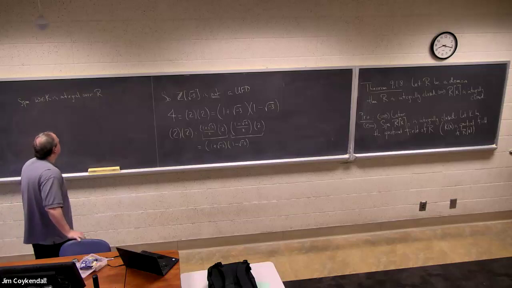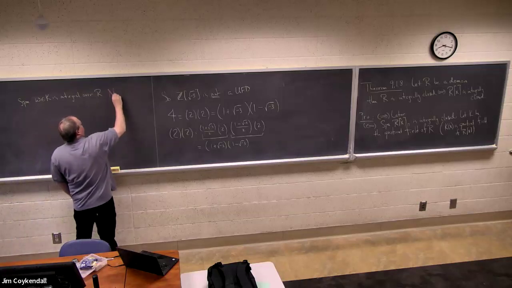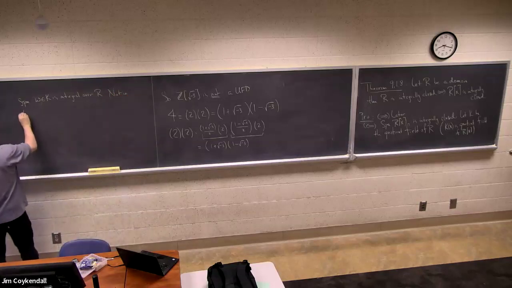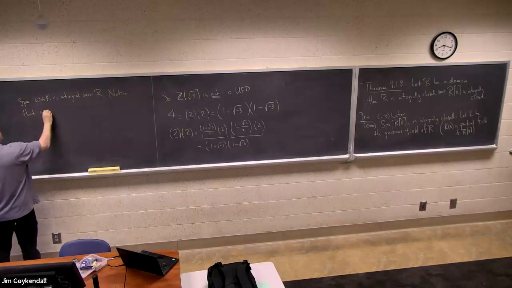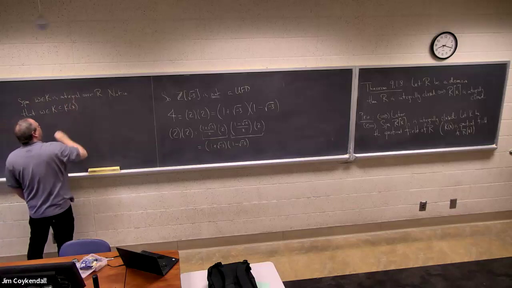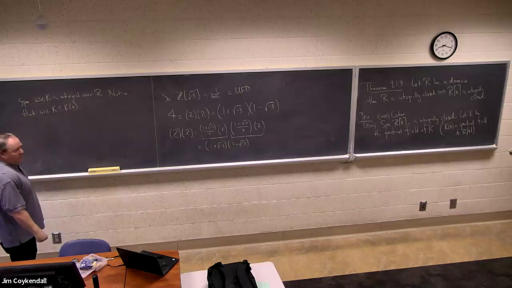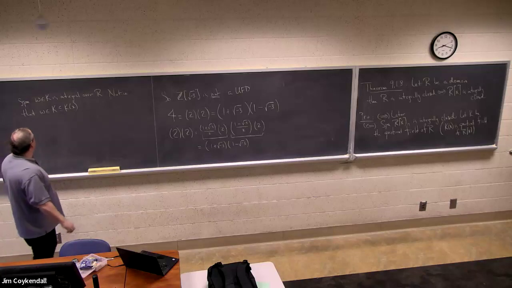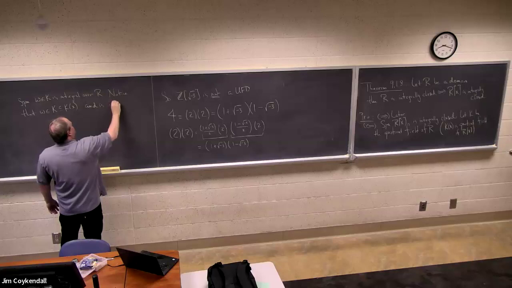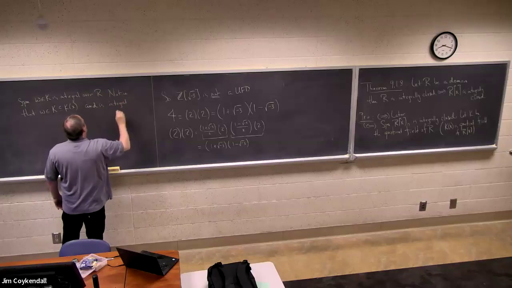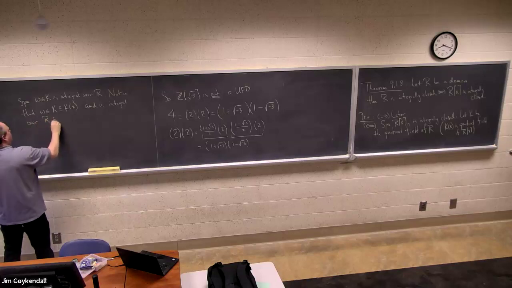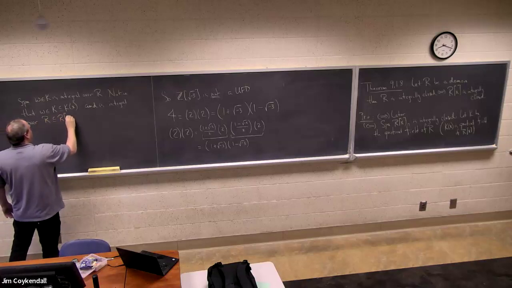Notice that omega is in K(x), right? I mean, if it's in K, it's certainly in the rational functions, and it is integral over R[x].